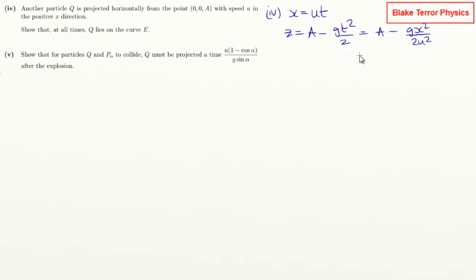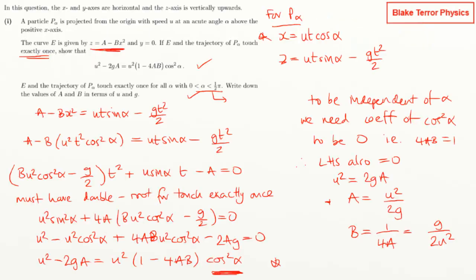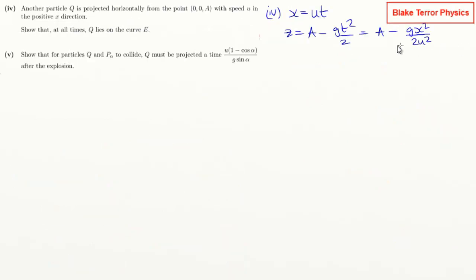And what did we have before? That was a minus bx squared. Let's go back to sheet 1. So yeah, we want a minus bx squared, and b is g over 2u squared, which is a minus bx squared, which is curve E. Okay, so that was pretty quick.